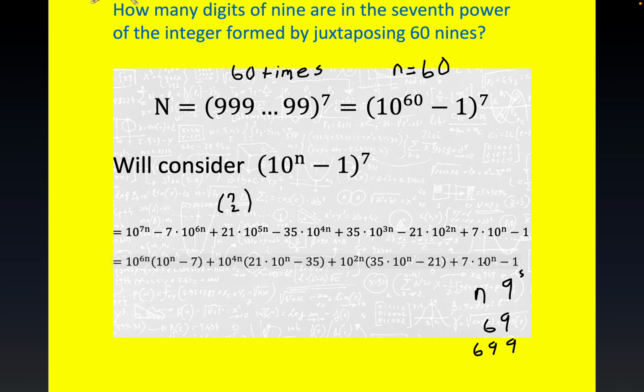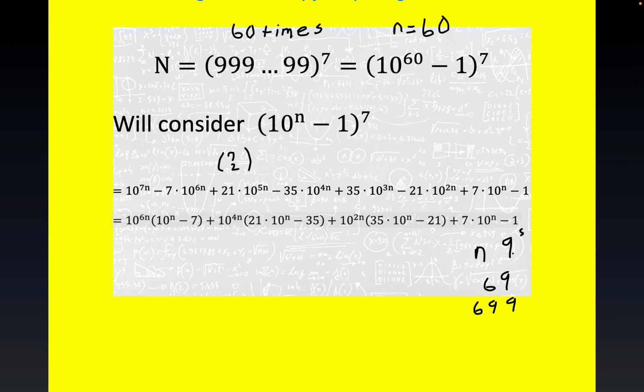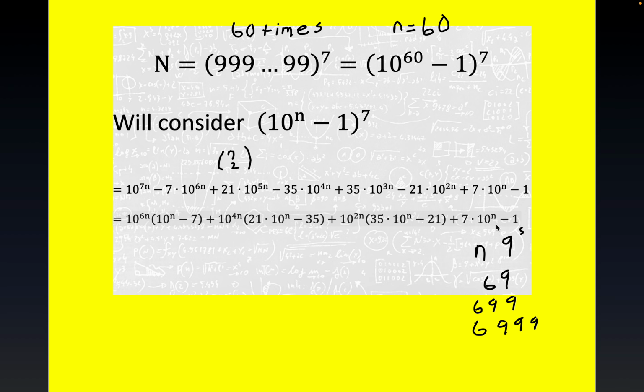Right? Because this would be 700 minus 1. And then so on, n equals 3, you would get 69999, right? So it's very clear that there are n 9s in this expression right here. In each term in this is of course n equals 1, n equals 2, n equals 3, right? So that's clear enough. So just this part alone contributes n 9s.